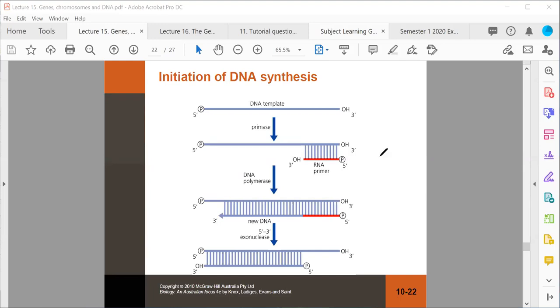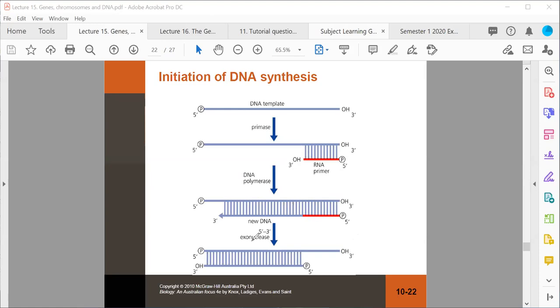Oh, the exonuclease. All right, so 5' to 3' exonuclease. This is an enzyme that can actually degrade a molecule. In this case, it can degrade DNA or RNA. That's all that's talking about, exonuclease.